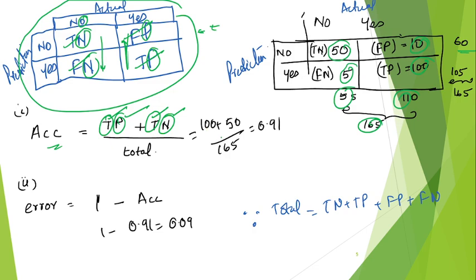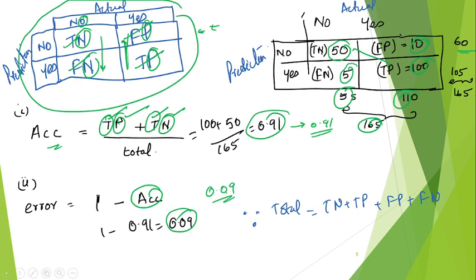So it's 100 plus 50 by 165, which is 0.91. So my accuracy is 0.91, that's very good. Error is 1 minus accuracy. And the total is TN plus TP and so on, that is 165, we got it. And my error is about 0.09, very good.